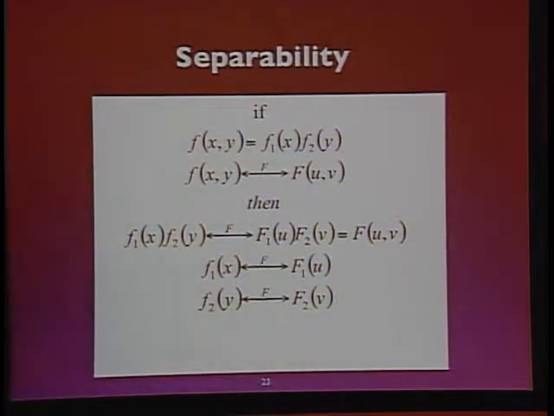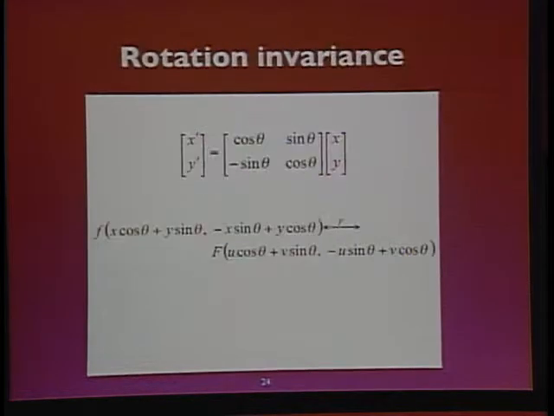These things all become important when you start doing more things with images. For example, you might want to perform some action on an image and guess what will happen to its Fourier transform, which we will get back to on Wednesday, incidentally. It's also rotation invariant in the sense that if you rotate an image by some amount, you can figure out its Fourier transform just by rotating the original Fourier transform.